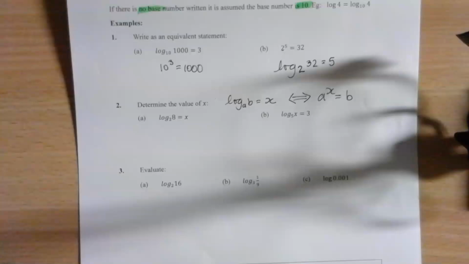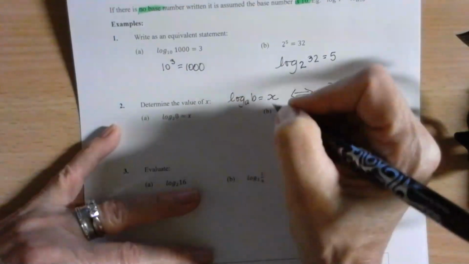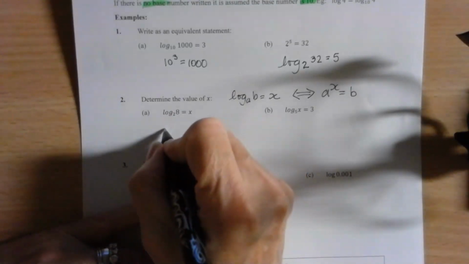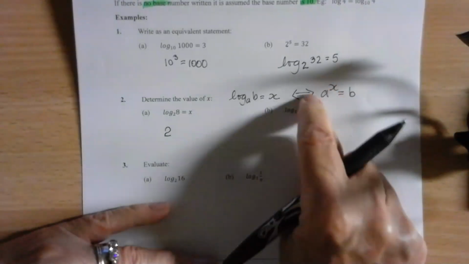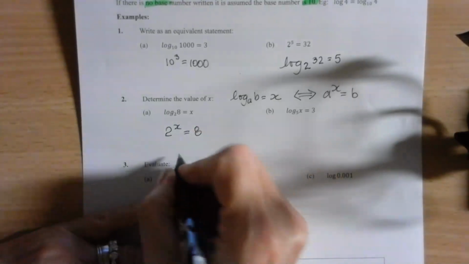Here I go. 2 to the x equals 8. Okay, well, x is 3.